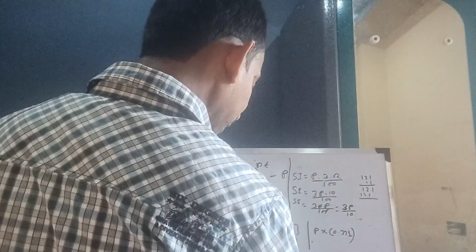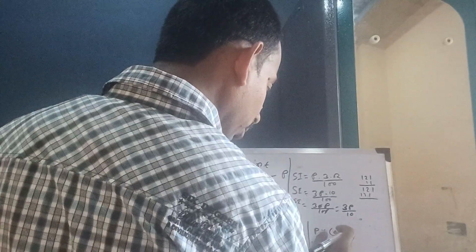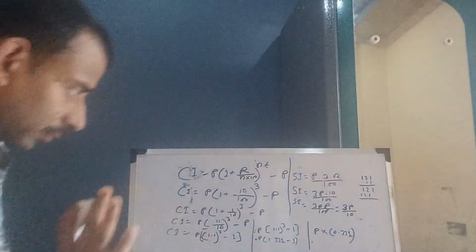So P into (1.331 minus 1) equals P into 0.331. Okay.